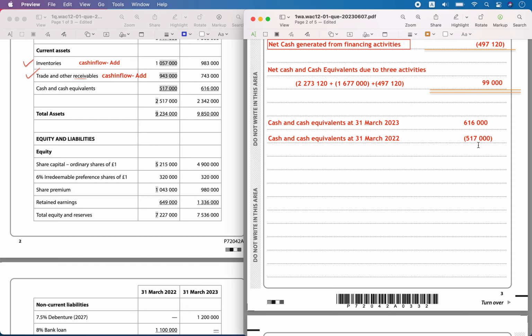The difference is 99,000. So we can see that both are balanced and our statement of cash flow is correct.